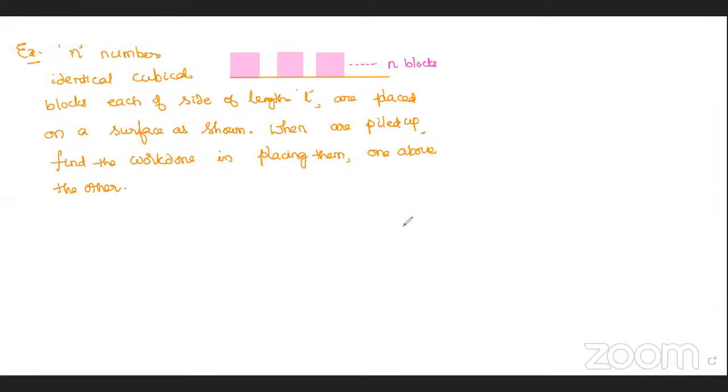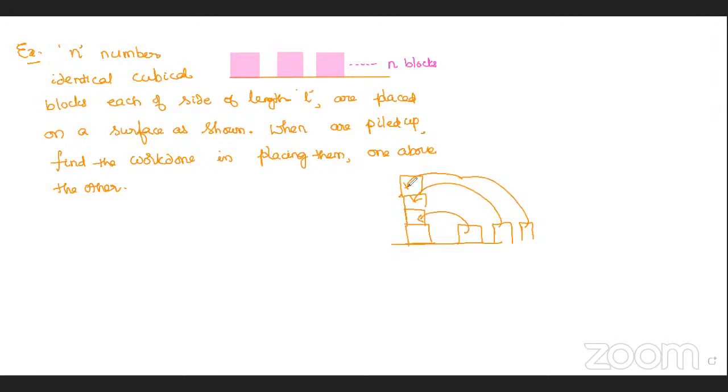Means he is trying to place, this is the first block. The second block, he moved to here, placed above it. The third block, placed here above it. And the fourth block is placed on it here, like one above the other, he is trying to pile up.